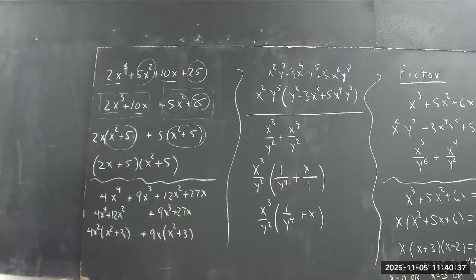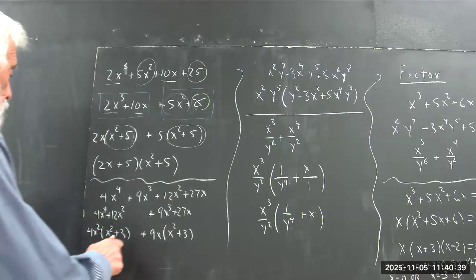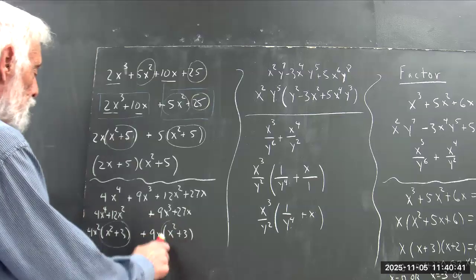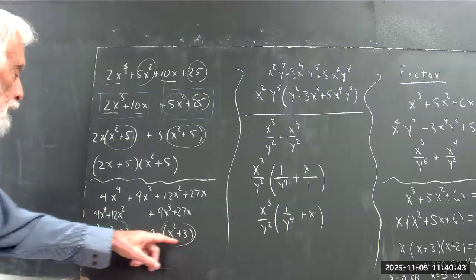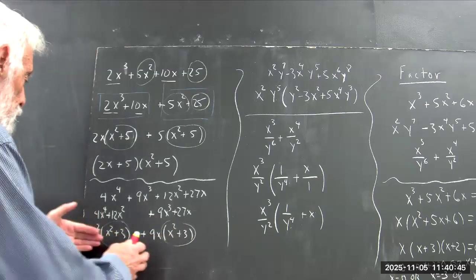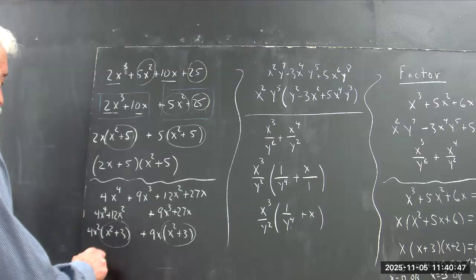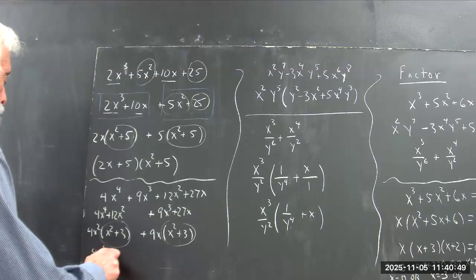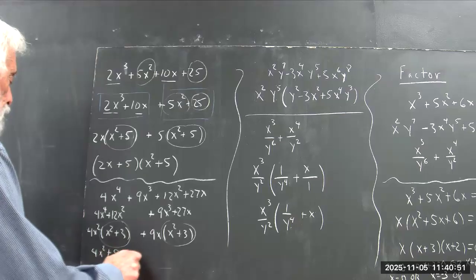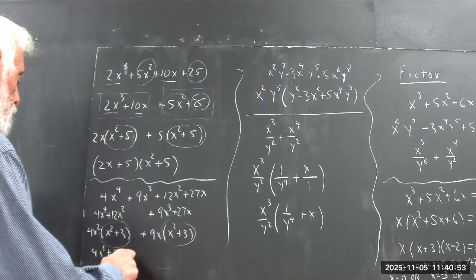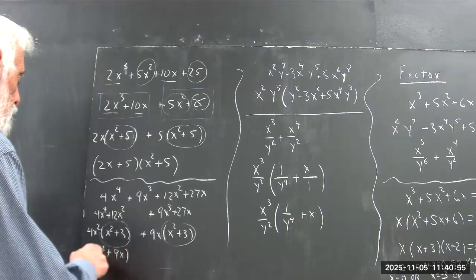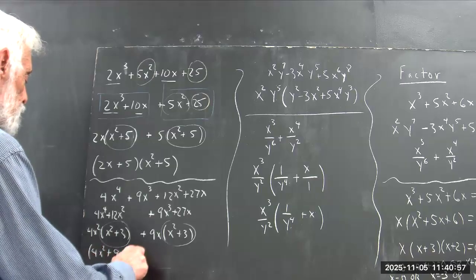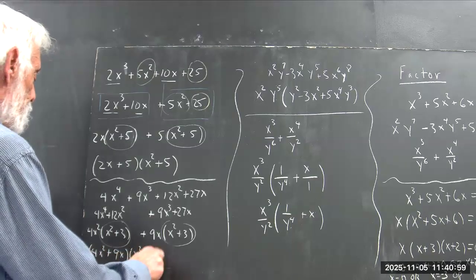It all works out. So again, we've got the same thing here as we have here. So we can factor the x squared plus 3 out of this expression, giving us 4x squared plus 9x multiplied by x squared plus 3.